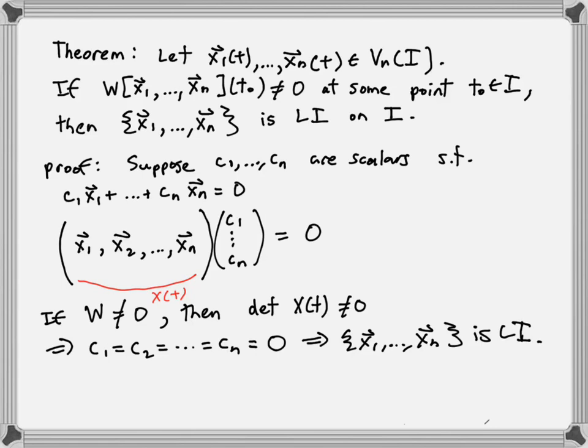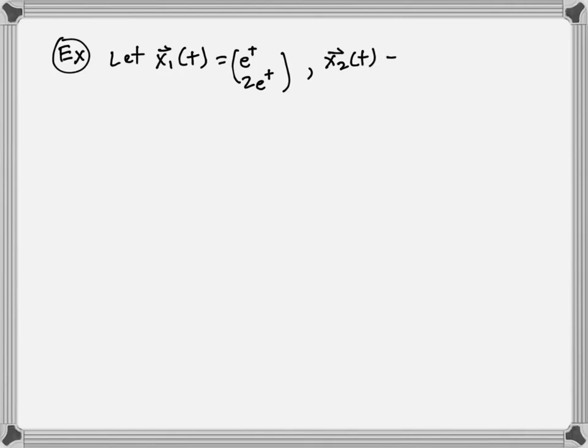So let's do an example where we try out this theorem just so we can practice checking linear independence. Let x1 of t be e to the t and then 2e to the t. And let x2 of t be 3 sine t and then cosine t.